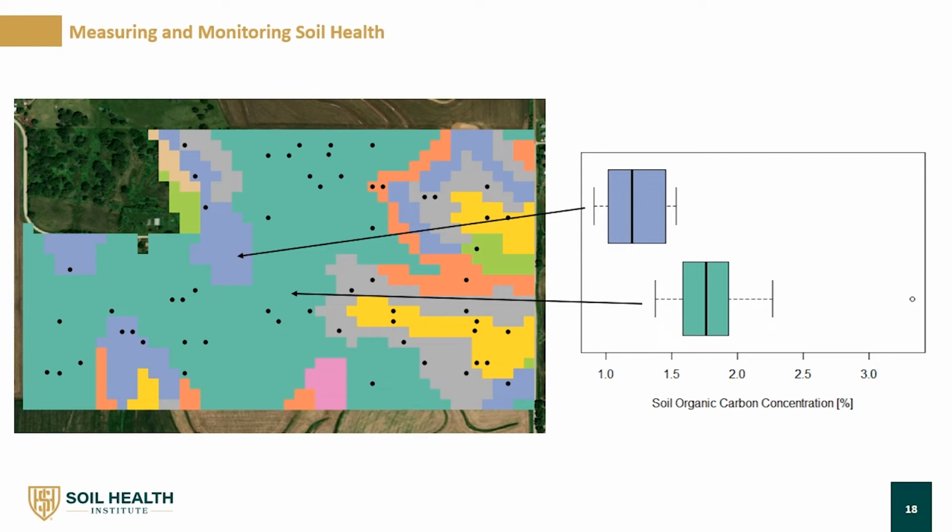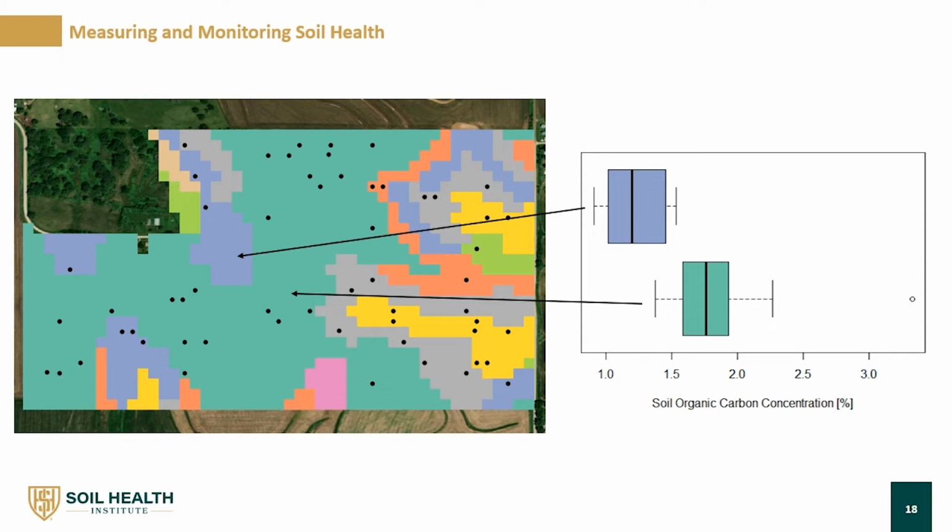You'll notice that the average value of that organic carbon is very different depending on which zone you're in. In the blue zone, it's around 1.25%. In the green zone, it's around 1.75%. So that's about a 0.5% difference depending on which zone in the field you're measuring from.